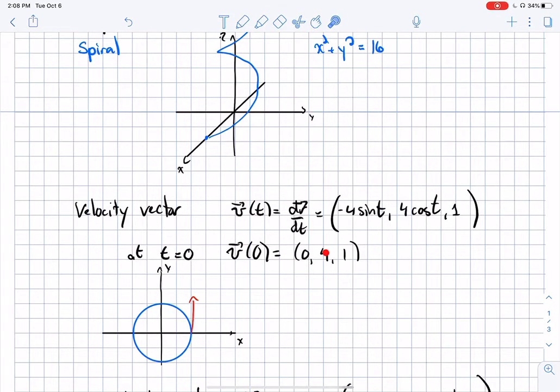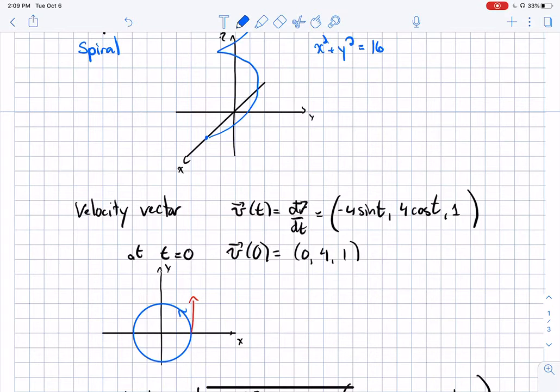Well, let's say at t equals 0, okay, I'm at x equal to 4. And what happens there, so the circle is going this way. And if you think about it, the velocity is actually tangent to the circle, okay, because it's the vector 0, 4. So 0 in the x coordinate and 4 in the y coordinate.